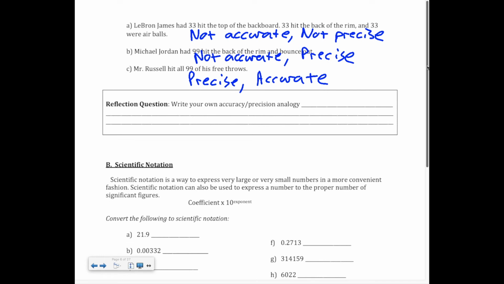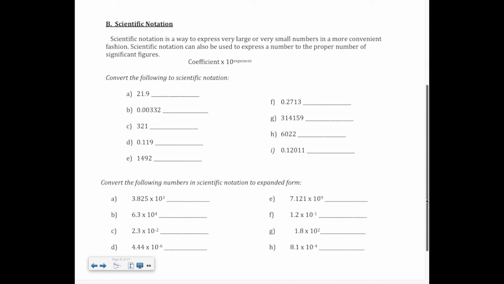We're going to move on to scientific notation. Scientific notation is a way to express very large or very small numbers in a much more convenient fashion. Scientific notation can also be used to express a number to the proper number of significant figures, which you learned last week. So there's just no way we can get around it.